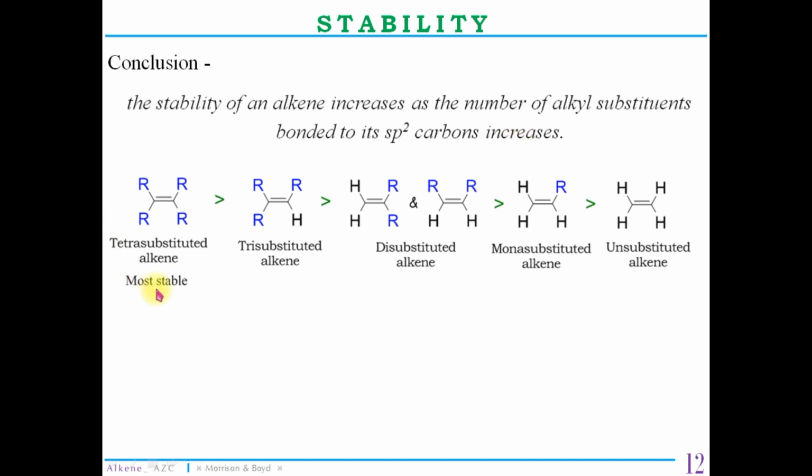So the most stable alkene is the tetrasubstituted alkene. Then there is the trisubstituted alkene, then disubstituted, monosubstituted, and the least stable alkene is the unsubstituted alkene, which is ethene.